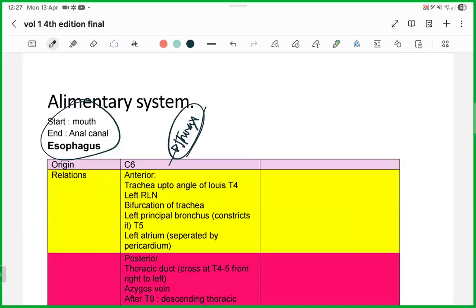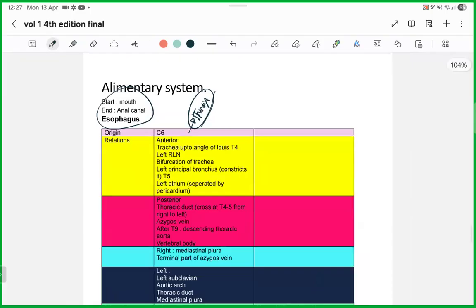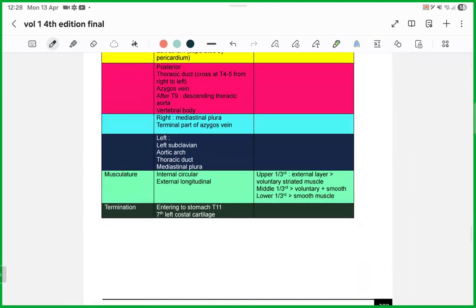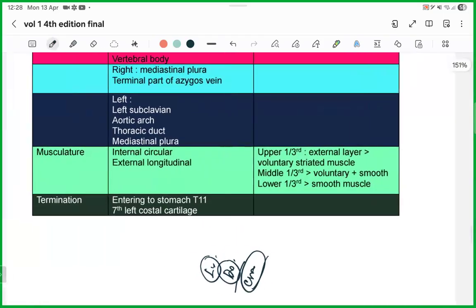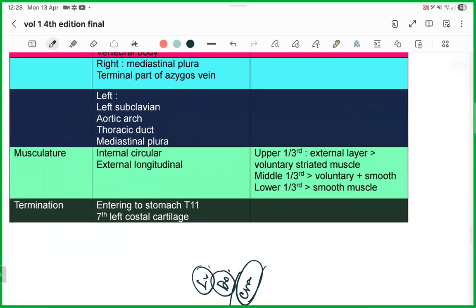From here, just know the origin. The rest give a reading. The main thing about esophagus is lymphatic drainage, artery supply, then its constrictions, and what questions come. Remember from thorax.